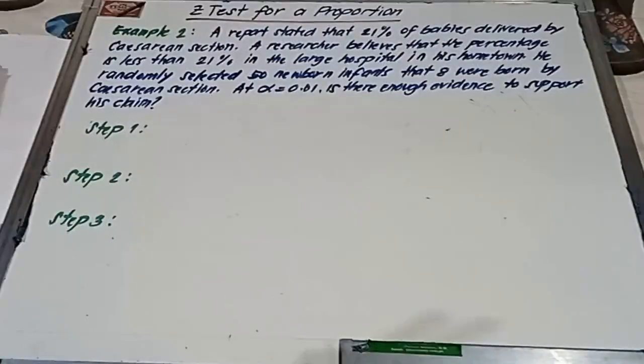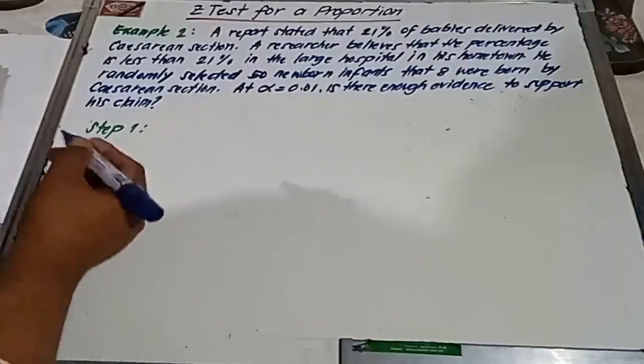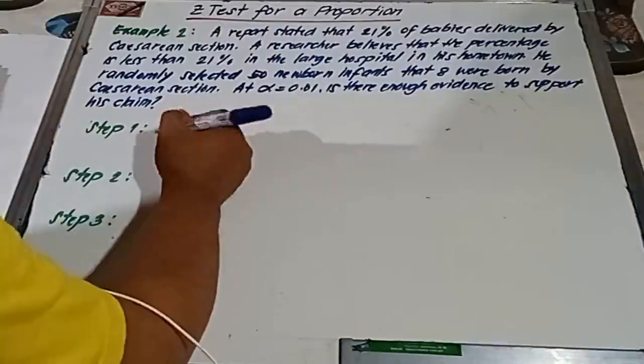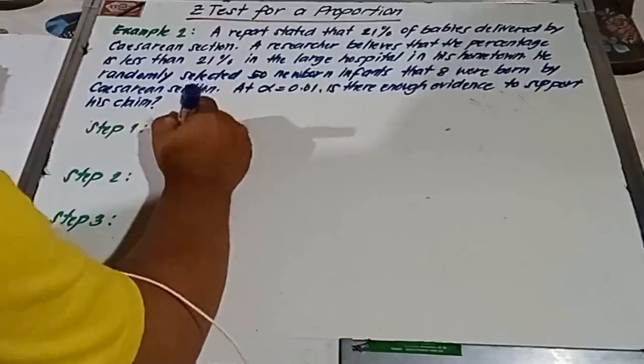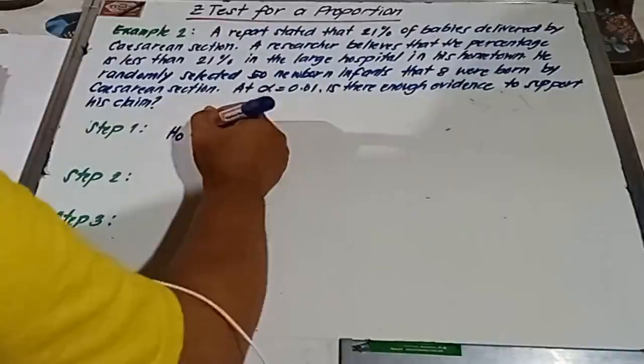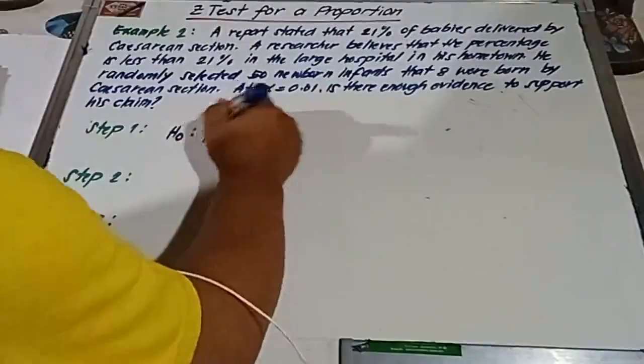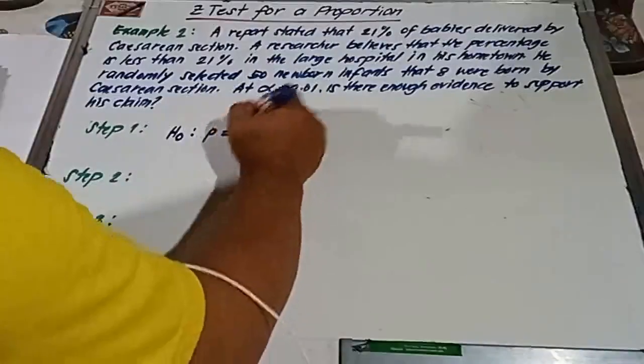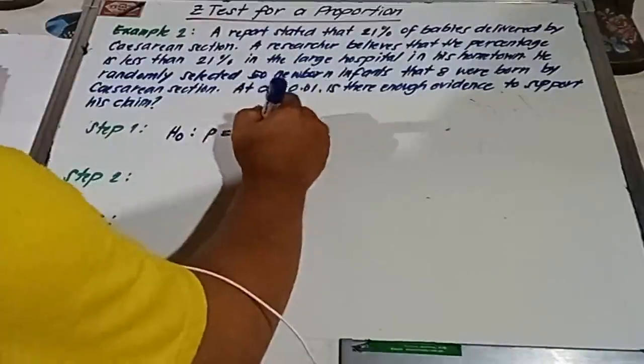Okay? Now, for our step number one, we're going to state the hypothesis and identify the claim. Ang ating null hypothesis is there is no difference, yung ating sample from the population. So therefore, our proportion is equal to 0.21. Okay?